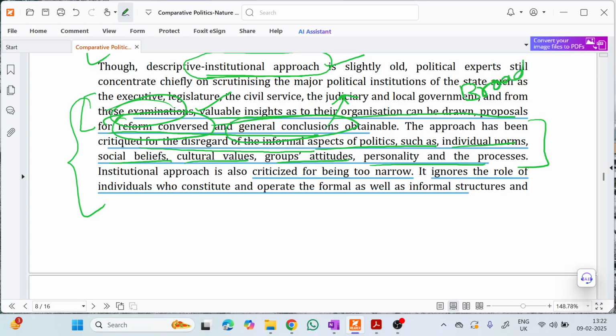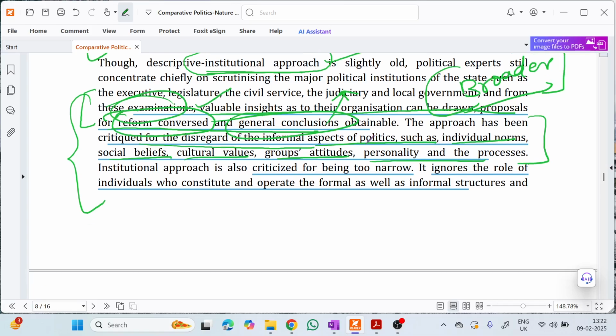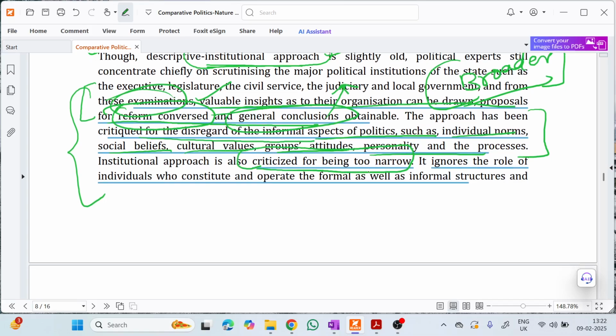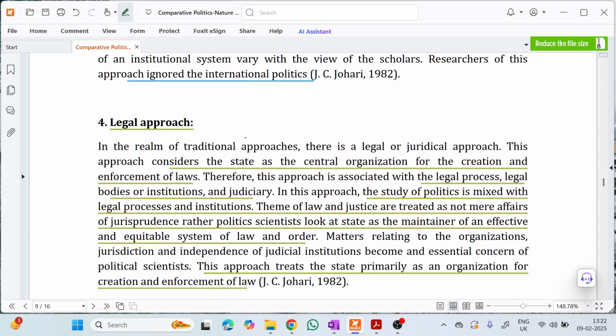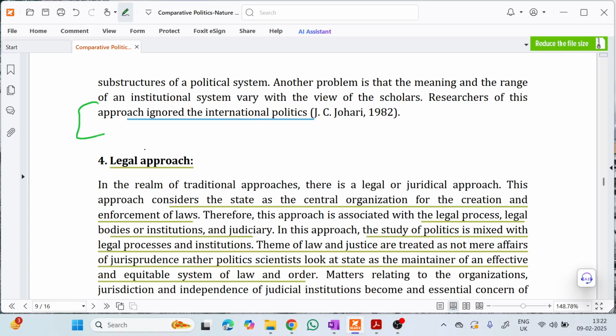The second criticism is that this approach has been criticized for being too narrow. It ignores the role of individuals, who are the main actors in both formal and informal structures. And the last criticism is that this approach ignores international politics.